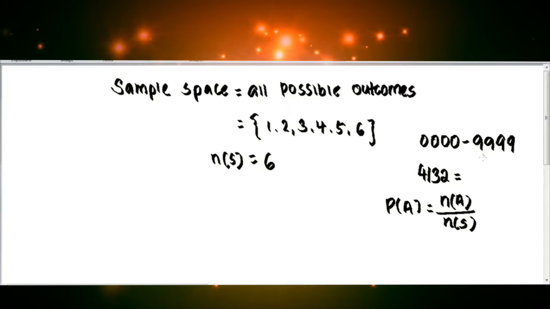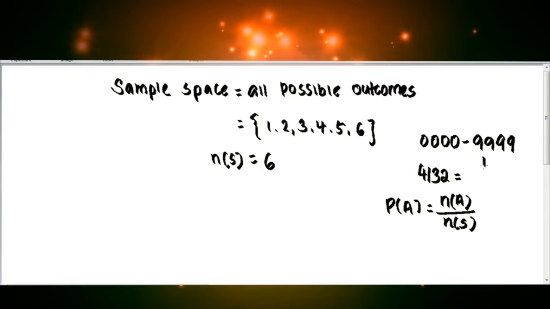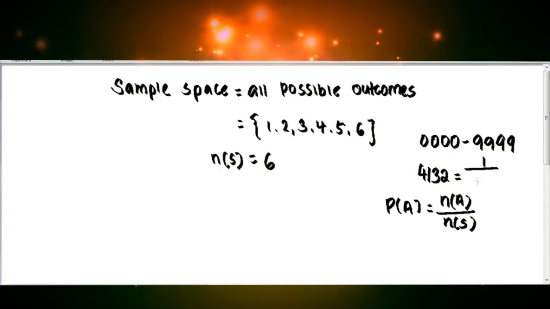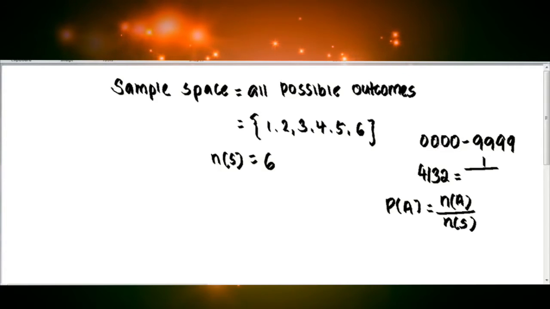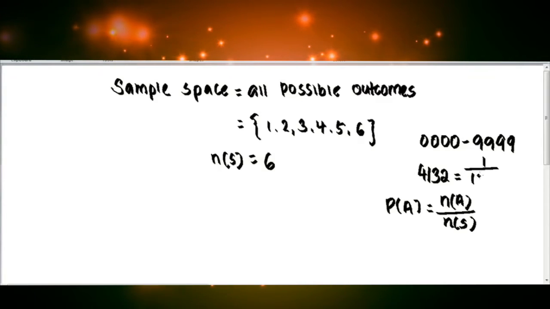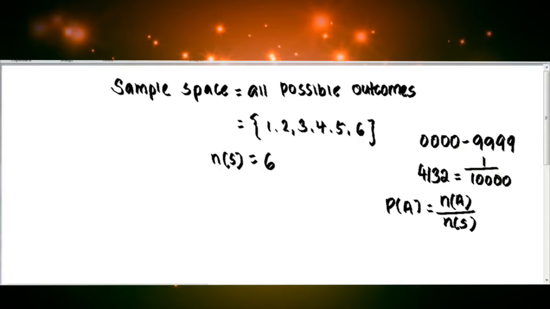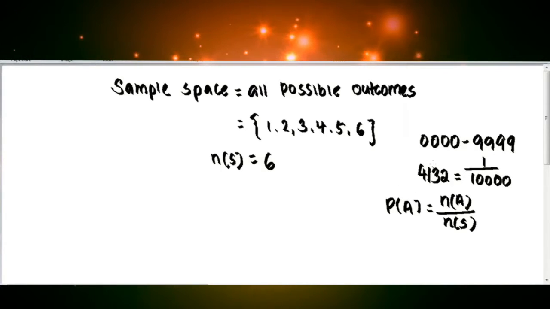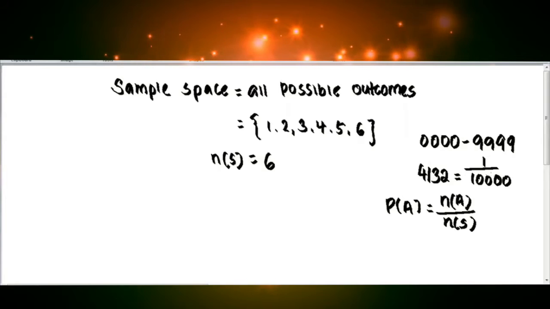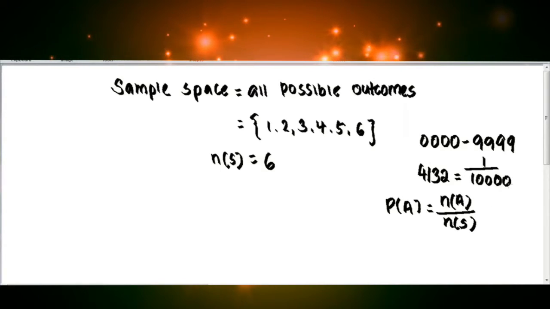I buy one number only, so the event is one, and the sample space is 10,000. So the probability to win the lottery is 1 over 10,000, which is 0.0001%. It's called probability.